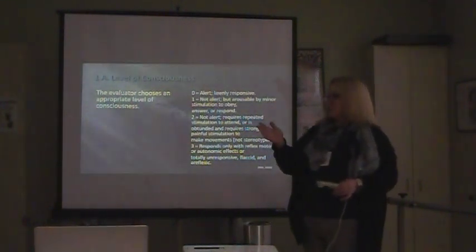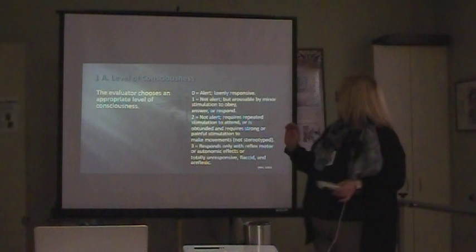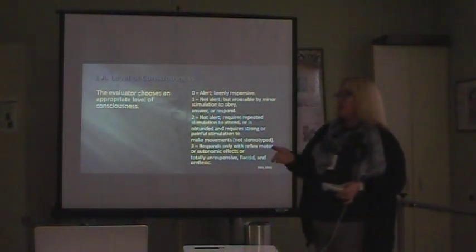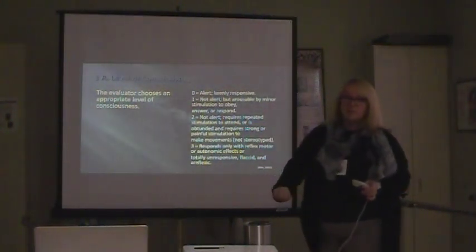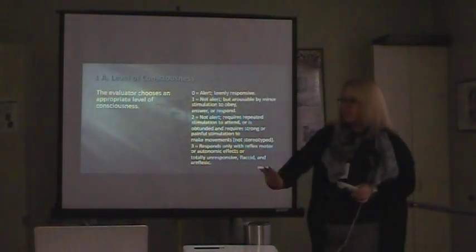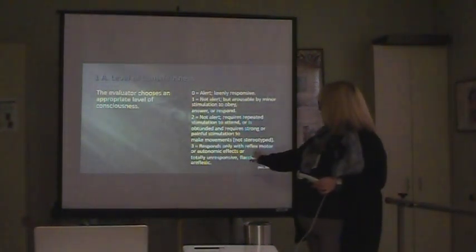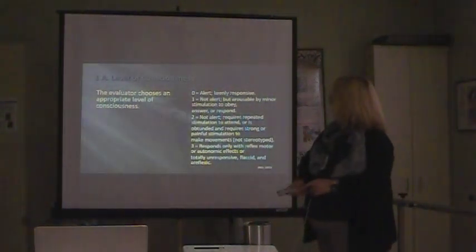They don't quite notice you when you first come in the room. It requires a little bit maybe of minor stimulation, talking to them, something like that. Or then a 2 would require some repetitive, hey, Mr. Smith, wake up, would be a 2, and then a completely non-responsive patient would obviously be a 3.